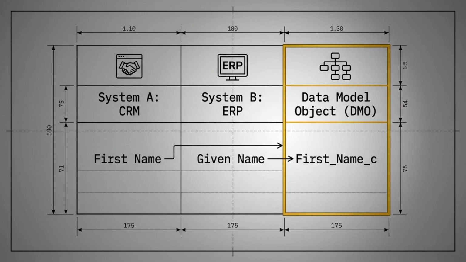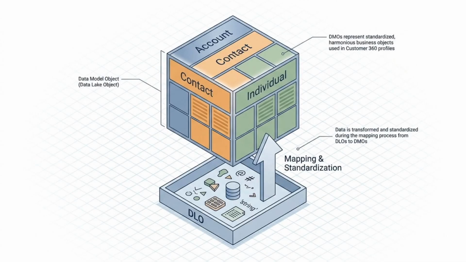To make that data usable, Data 360 standardizes it using data model objects, or DMOs. A DMO is part of the Customer 360 data model, and it represents a standardized business object. So, remember it this way. DLOs hold the incoming data. DMOs organize it into the model.